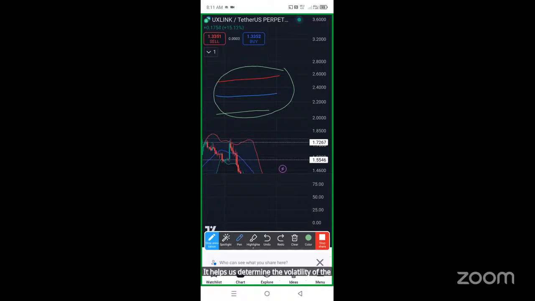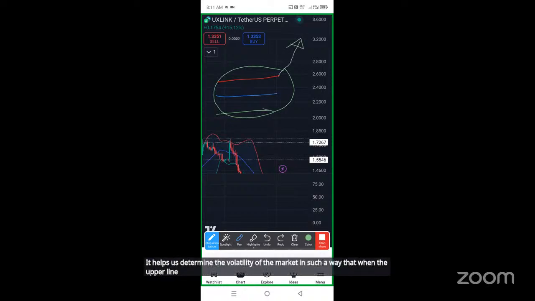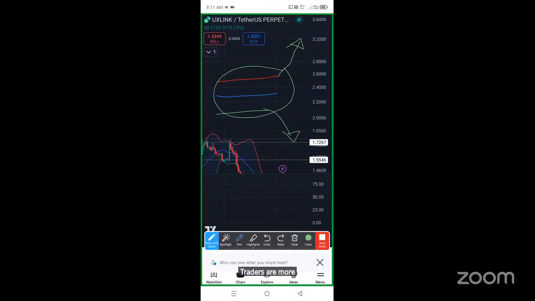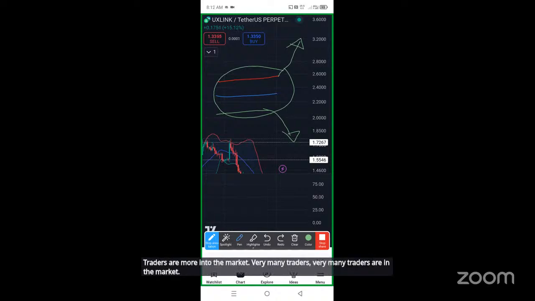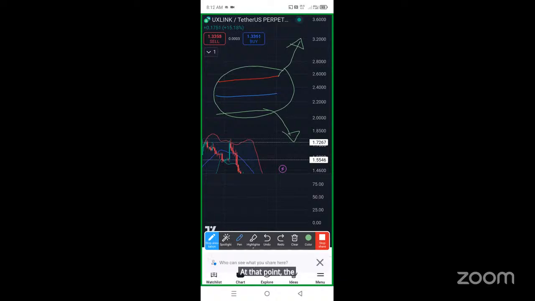When the upper line deviates away from the lower line, it shows an increase in volatility. It means traders are more into the market. Very many traders are in the market, so at that point the market is very busy.